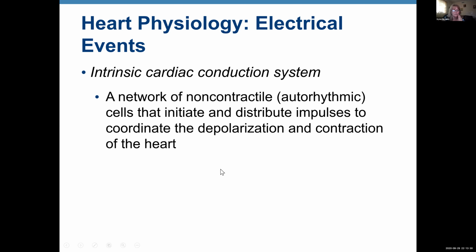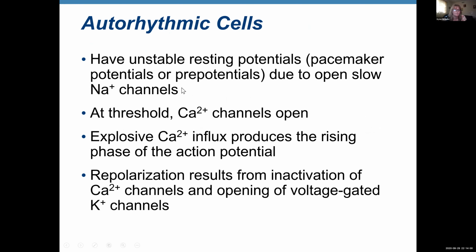Their function is to initiate the action potential, the electrical impulse, which makes contractile cells do their job, to contract. So there are two types of cells, contractile cells and non-contractile, or autorhythmic, cells. Those autorhythmic cells are part of the intrinsic cardiac conduction system.